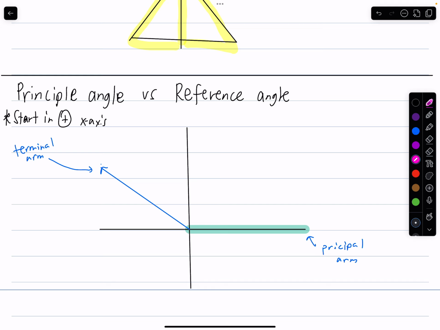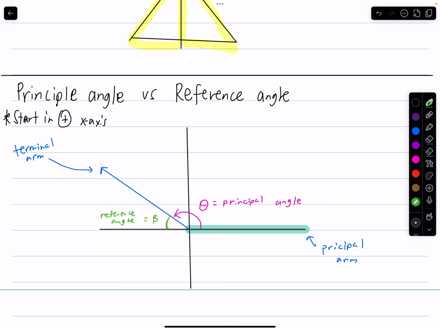The angle between the principal arm and the terminal arm is what we call theta, which is the principal angle. And the other angle, this acute angle, is called beta, which is the reference angle.